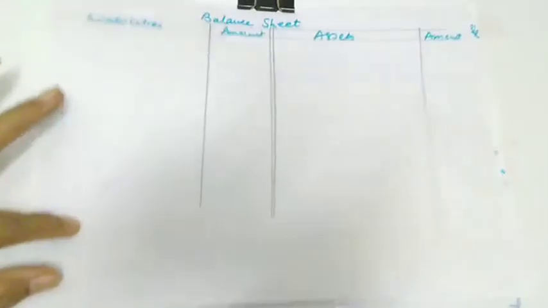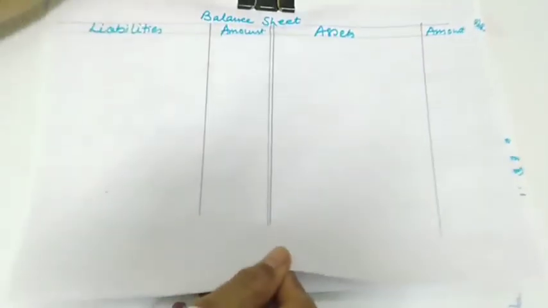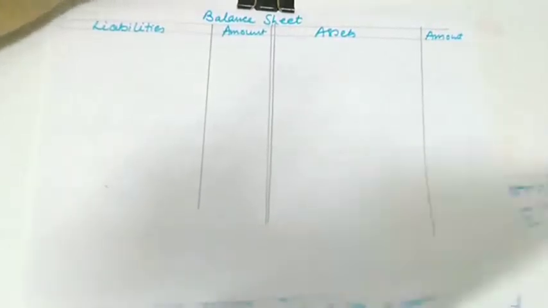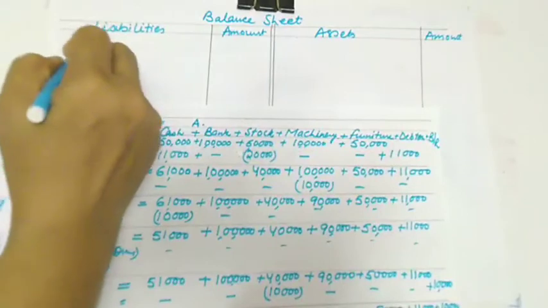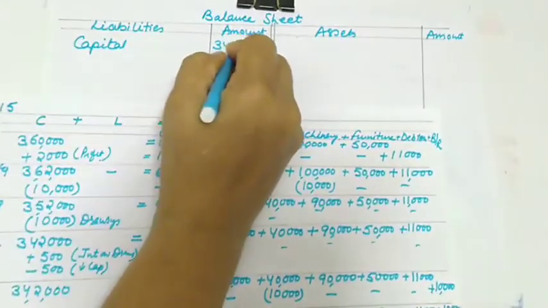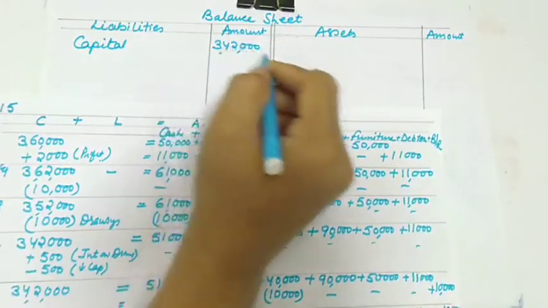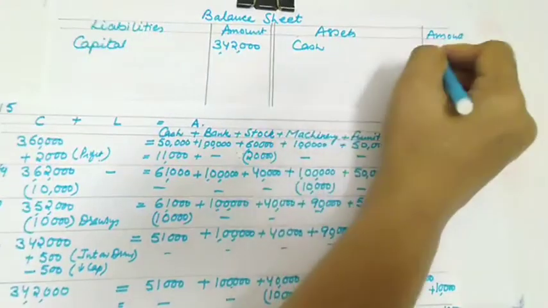First of all, your capital is 3,42,000. So we'll be writing capital here and the amount of the capital is 3,42,000. Then cash closing balance is 61,000.